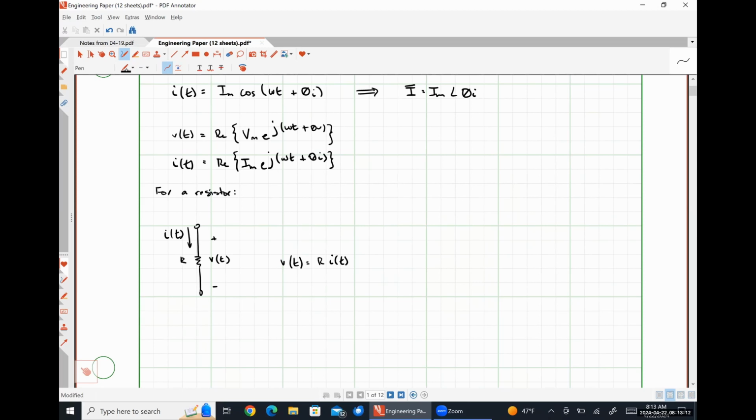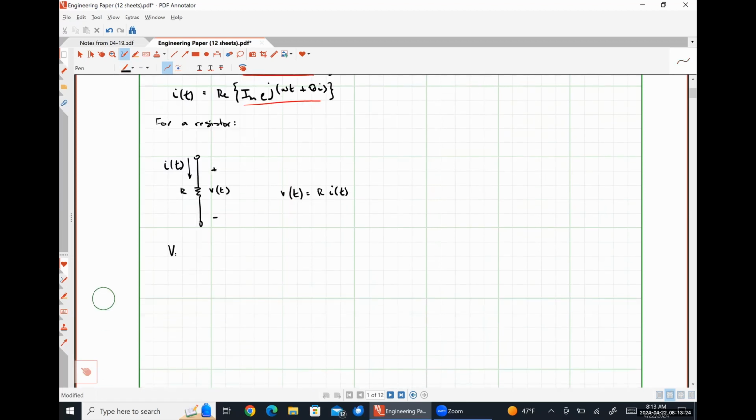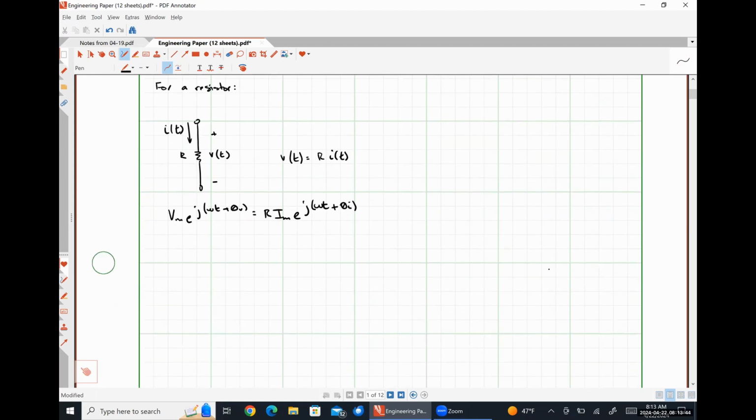So if I substitute in my complex number expression for my voltage and current, what this is going to look like is Vm e to the j omega t plus theta v is equal to R times Im e to the j omega t plus theta I. I can split each of those exponential functions up because I have an exponential of something plus something, that's going to look like the exponential of the first thing times the exponential of the second thing.